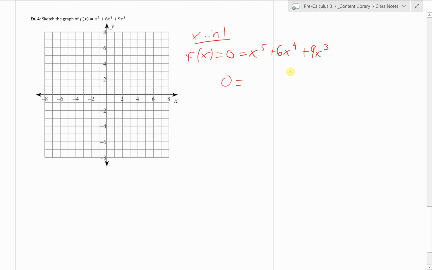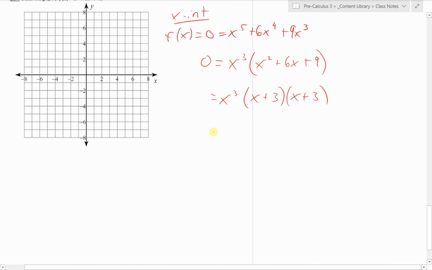So if we set it equal to 0, we have x cubed as our common factor. That leaves x squared from the first term, plus 6x from the second term, plus 9 from the third term. That can still factor a little bit more. That gives us x cubed times (x plus 3) times (x plus 3) if we factor this trinomial.